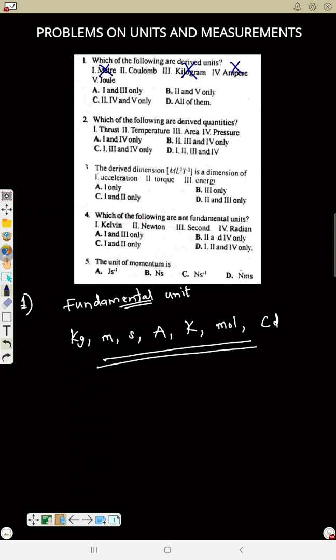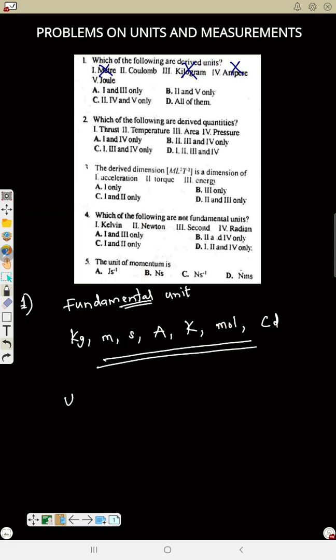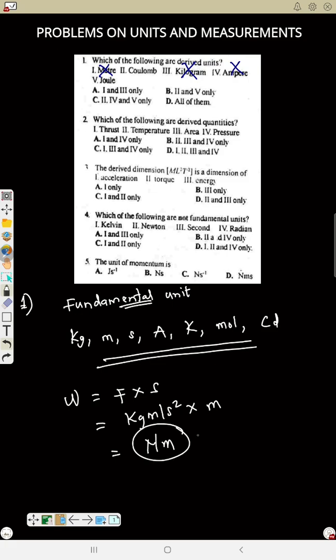Then we have joules. Joule is the unit for energy, just like work done is force times displacement. So force is kilogram meter per second square, times displacement in meter. If all this represents Newton, we have Newton meter. You can see we have combined units here, not just one. Kilogram is fundamental, meter is fundamental, second is fundamental.